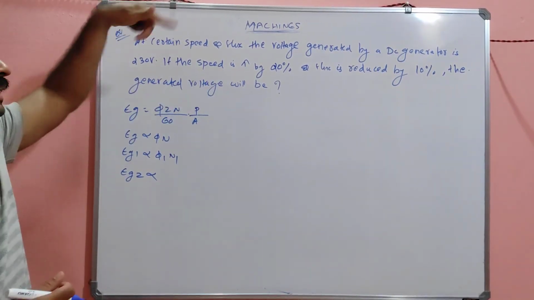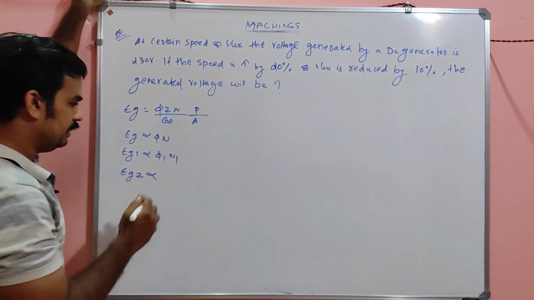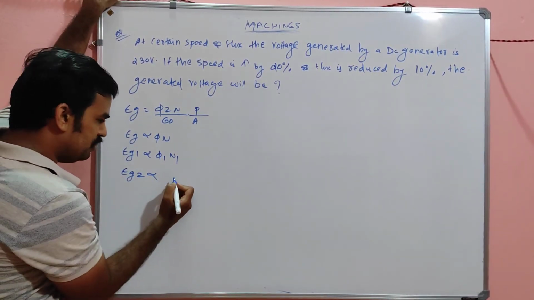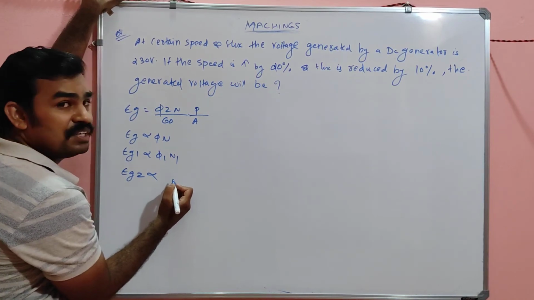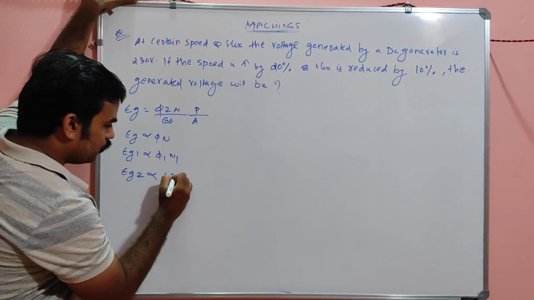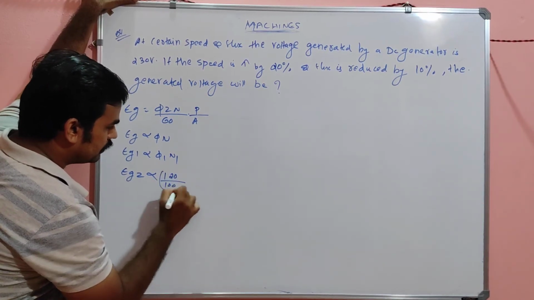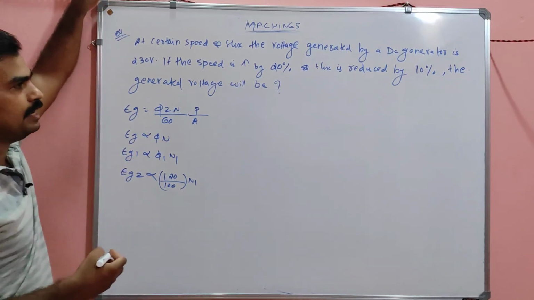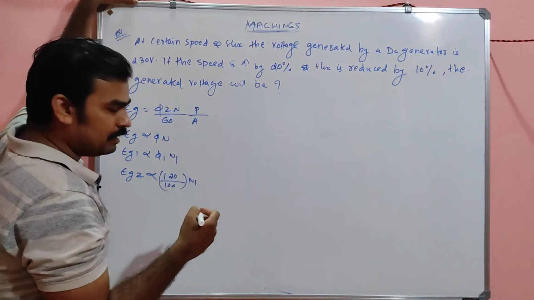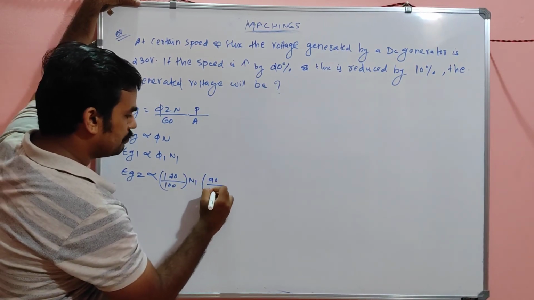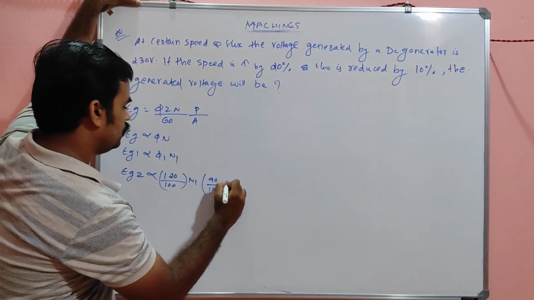The speed is increased by 20%, what is the meaning of that, my dear? n1 is increased by 20% means 120 by 100 into n1. The flux is reduced by 10% means 90 by 100 into phi 1.